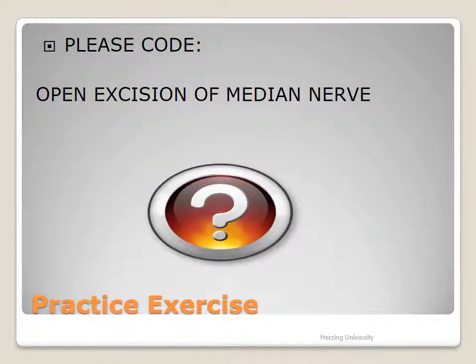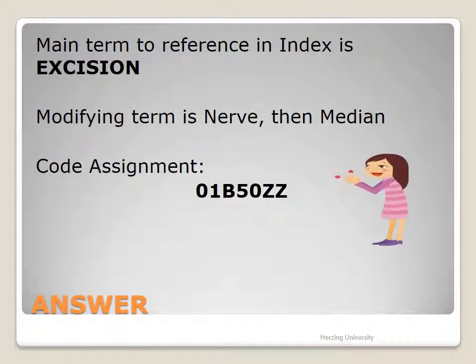Let's do a practice exercise. Please code an open excision of the median nerve. And remember, where are you going to go first? So, first place you go is the index, and the main term to reference is excision.